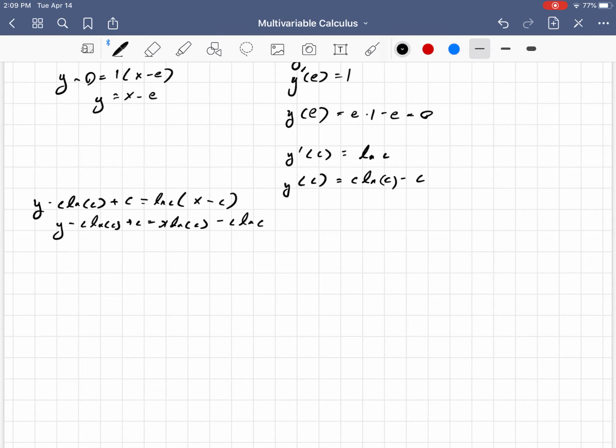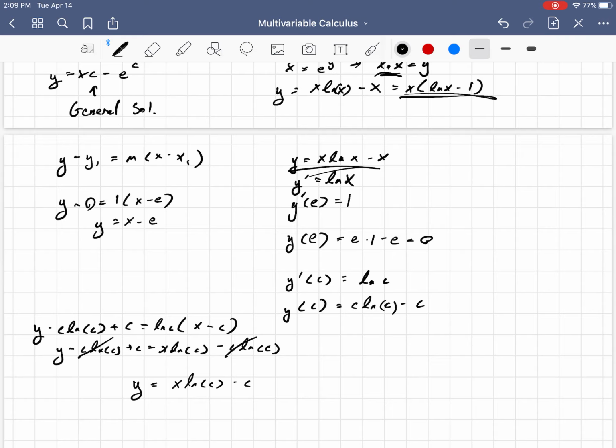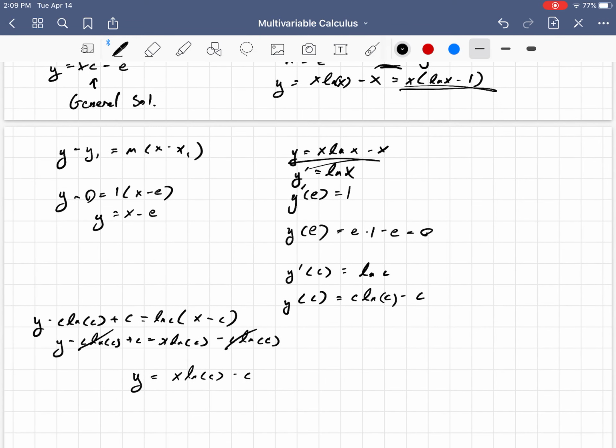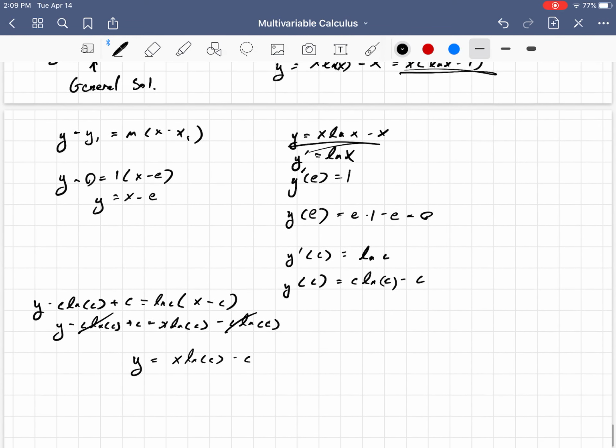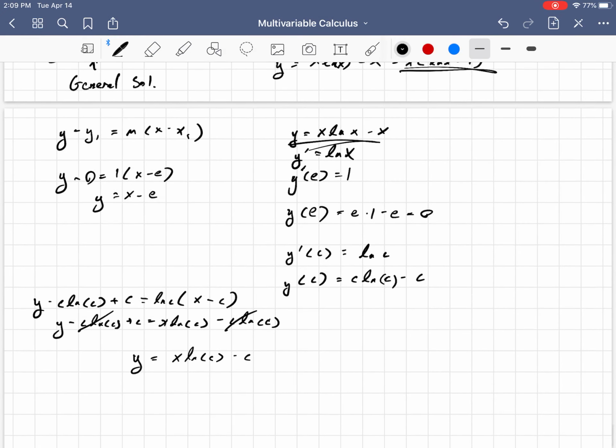So y minus c ln c plus c is equal to x ln c minus c ln c. Those will cancel out. y is equal to x ln c minus c.